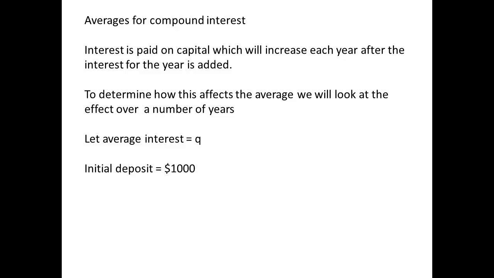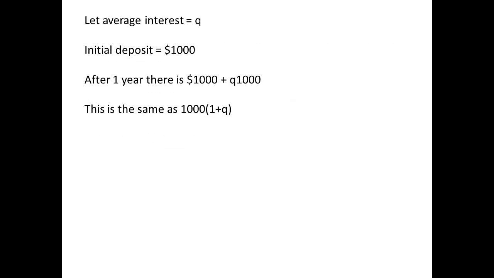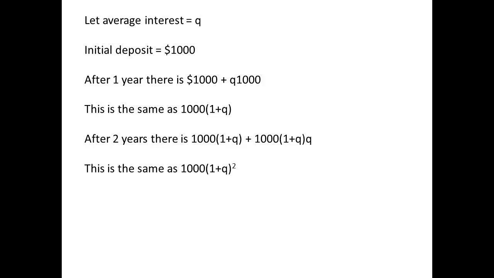A useful formula is that to determine the averages for compound interest. If the average interest equals Q and the initial deposit is $1,000, after 1 year the amount of money we have is $1,000 plus Q times $1,000, which is the same as 1,000 times 1 plus Q. After 2 years, the amount will be 1,000 times 1 plus Q plus 1,000 times 1 plus Q times Q, which is 1,000 times 1 plus Q squared.